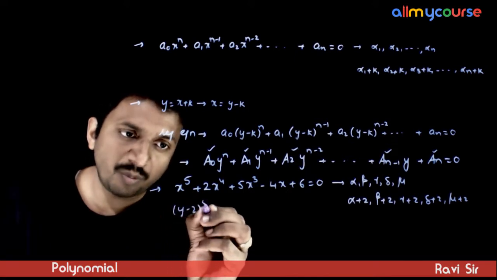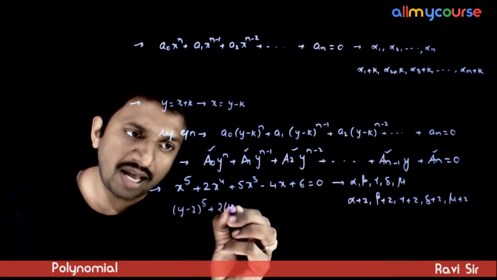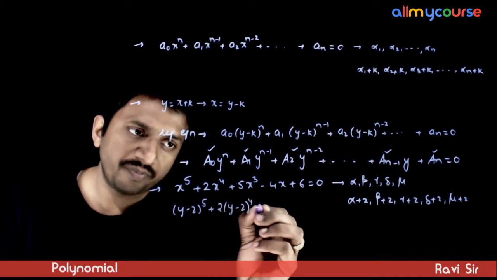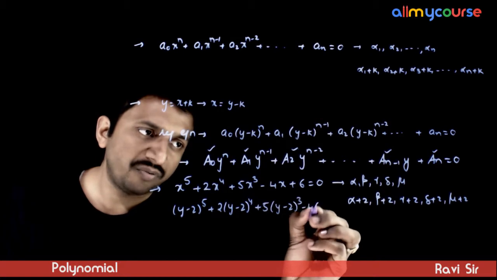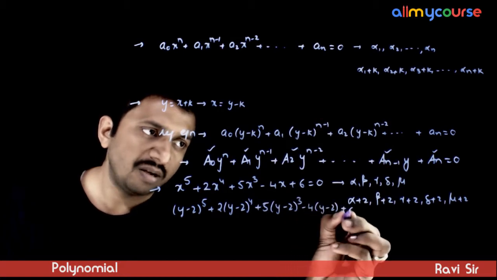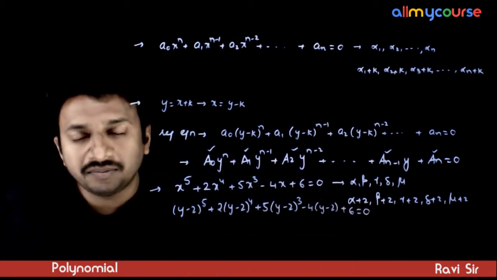So (y - 2)^5 + 2(y - 2)^4 + 5(y - 2)^3 - 4(y - 2) + 6 = 0.